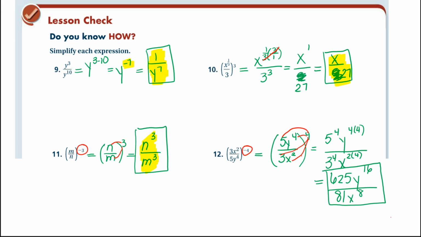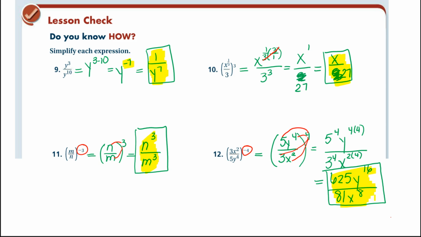So 5 to the 4th, y to the 4 times 4 over 3 to the 4th, x squared to the 4th. 5 to the 4th is 625. 4 times 4 is 16, so 625 y to the 16th. 3 to the 4th is 81. X to the 2 times 4 is 8. So our final answer is 625 y to the 16th divided by 81 x to the 8th.